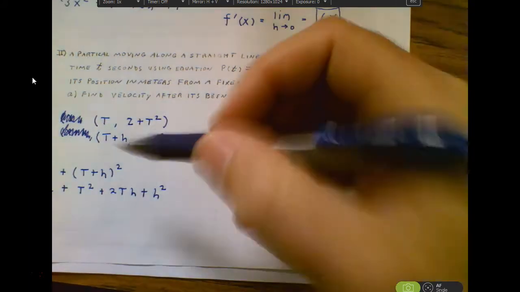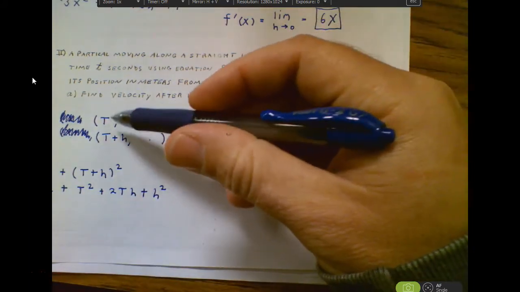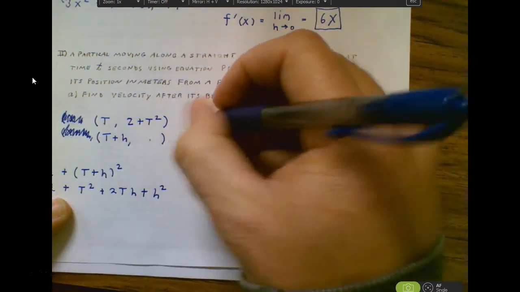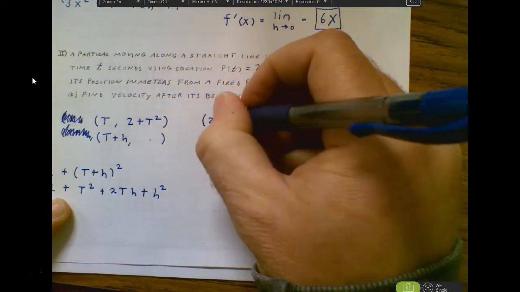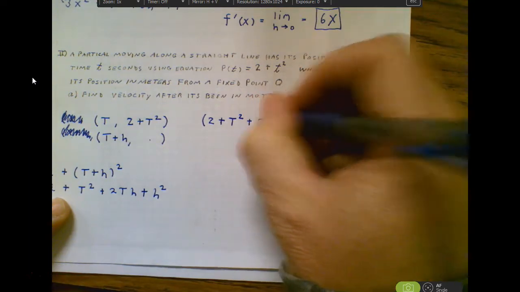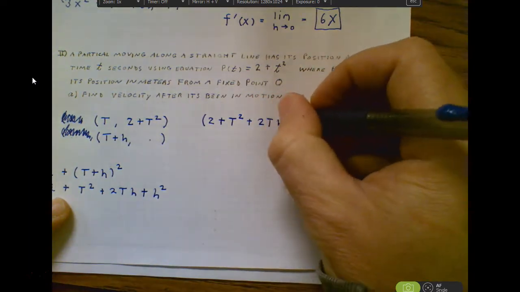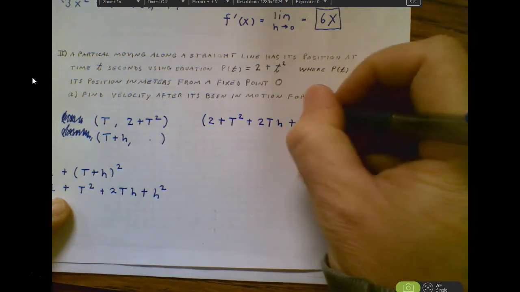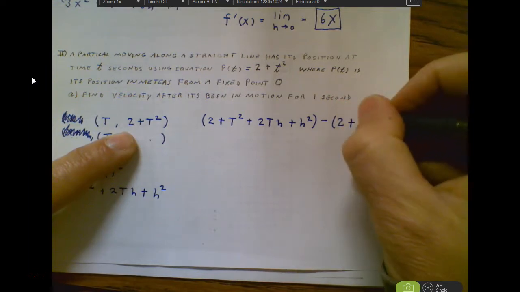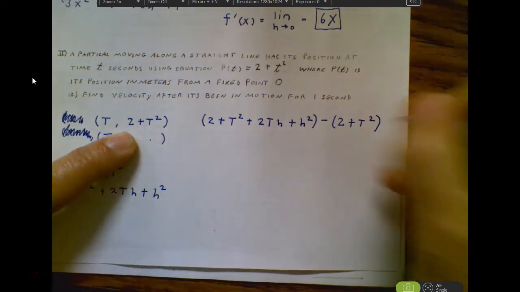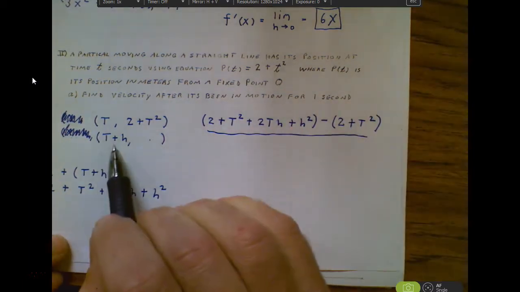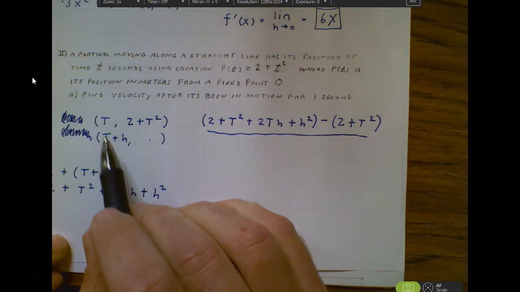Again, I'm just going to do y minus y over x minus x. So let me start with my second y minus my first y. And like I told you on the last one, if I did x minus x on the bottom, you can see that the t's would cancel.